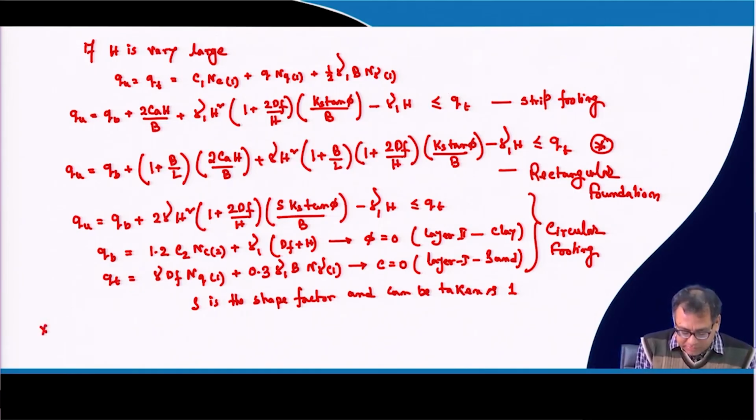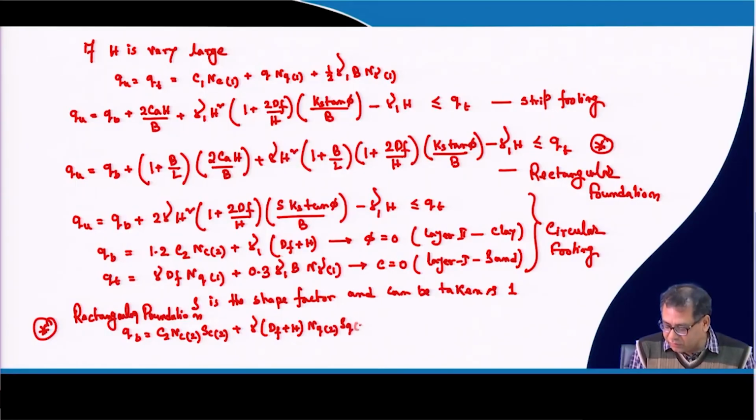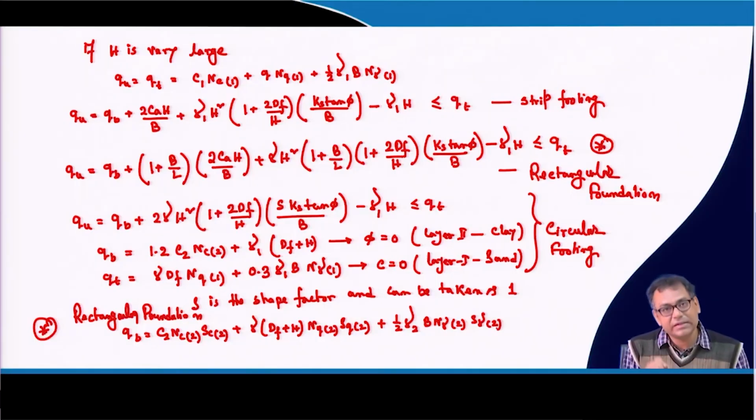For rectangular foundation, now QB is equal to C2 NC2 into SC2, the shape factor you have to apply, plus gamma (df plus H) NQ2 SQ2 plus half gamma 2 B N gamma 2 S gamma 2. Now, this is the general equation.